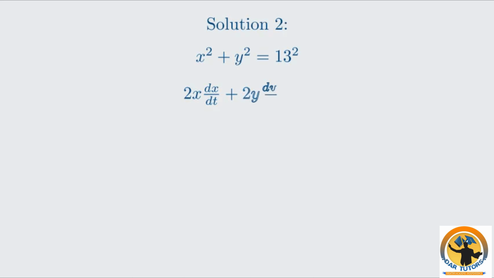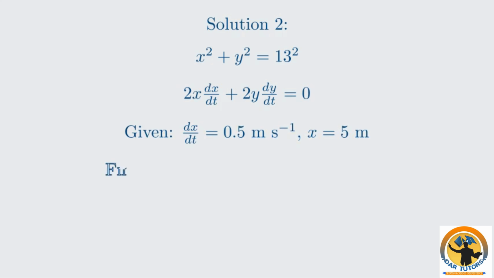Next, question 2. Using the Pythagorean theorem, x squared plus y squared equals 13 squared. Differentiating gives 2x dx/dt plus 2y dy/dt equals 0. We are given dx/dt is 0.5 and x is 5. First, we find y. 5 squared plus y squared equals 169, so y is 12.